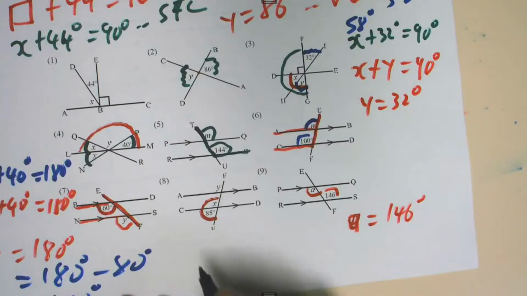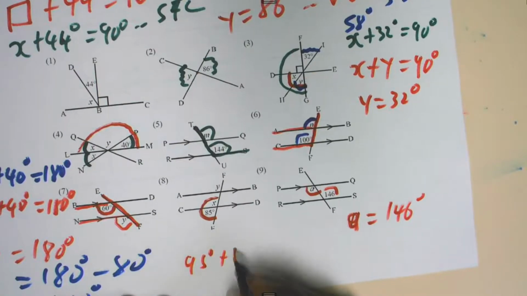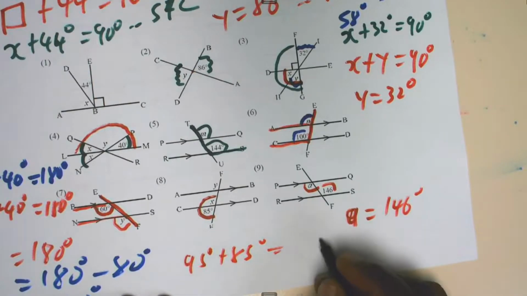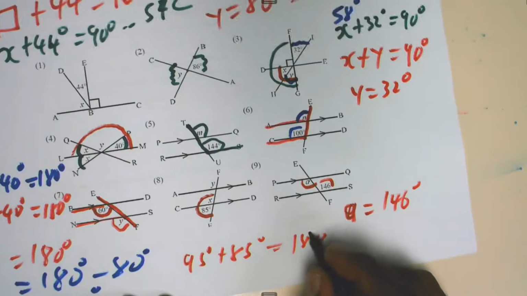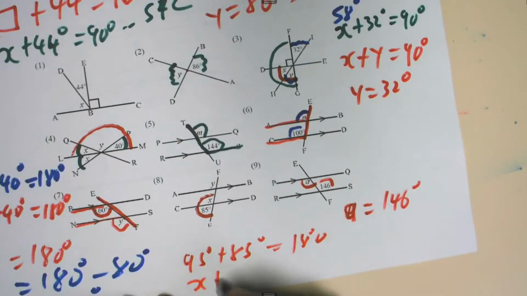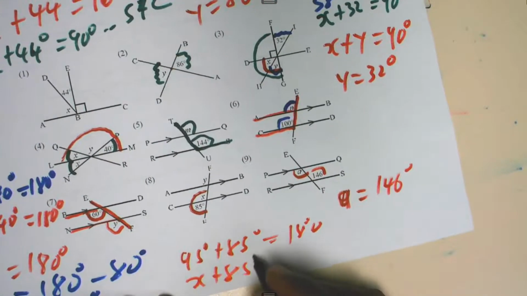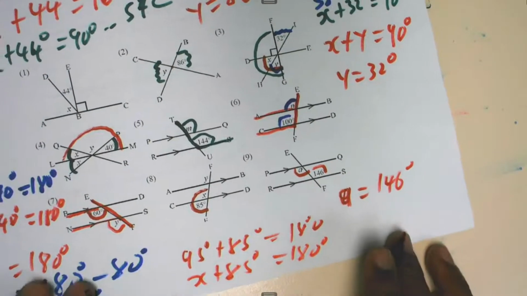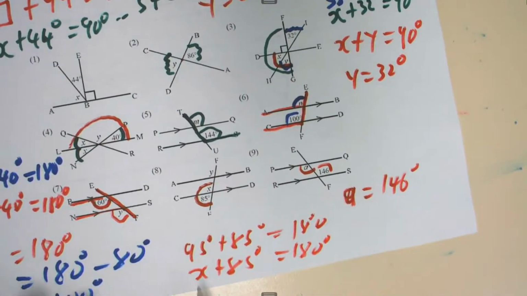95. In other words, 95 plus 85. Do they give us 180? Yes, 180 degrees. x plus 85 should give you 180. Therefore, x is 95.